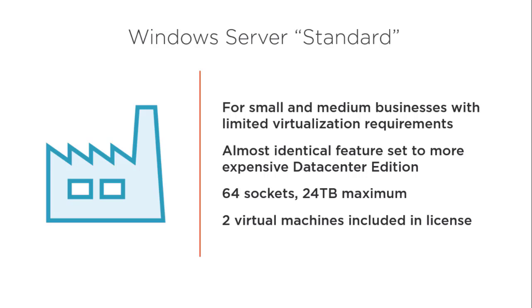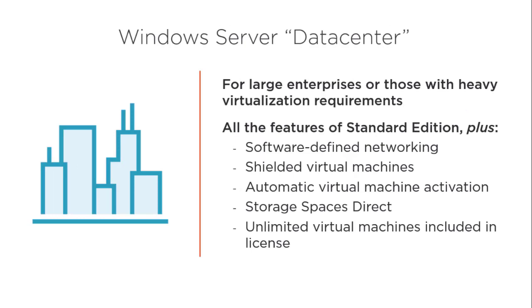It also has the ability of two virtual machines included in the license. So you can create two virtual machines with Windows Server Standard Edition. If you want more virtual machines, then you will go to the Datacenter edition.